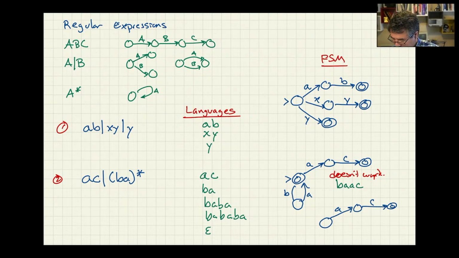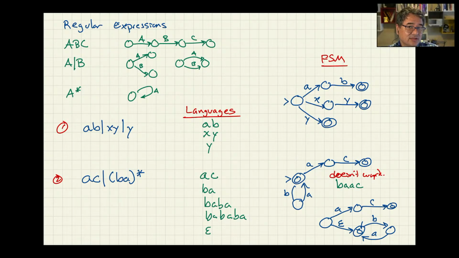But I can see what you're saying: maybe there should be an epsilon branch here, one that accepts the empty string, and then some kind of cycle that accepts the BA. The problem with that is this is called a non-deterministic finite state automaton, because you don't know whether to take the A branch or the epsilon branch without looking ahead at what symbols come next.